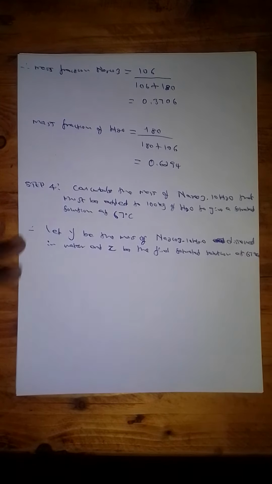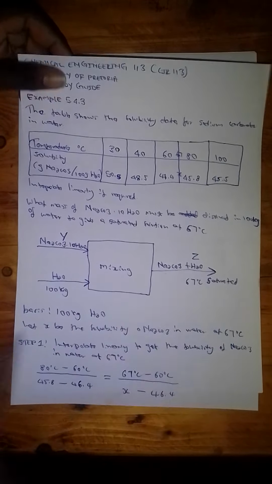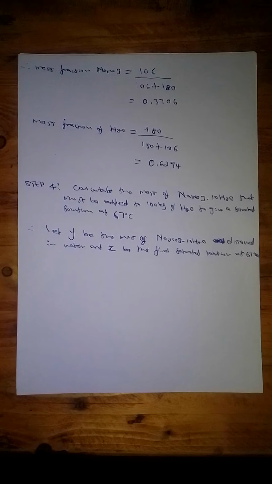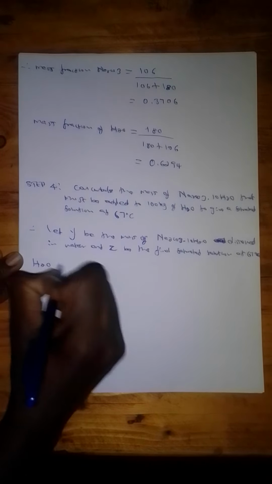I hope it's clearer. So this is basically what I've written down: let y be this stream and let z be that one. And with that said, we're going to be establishing equations, and now we're going to be doing an H2O balance.